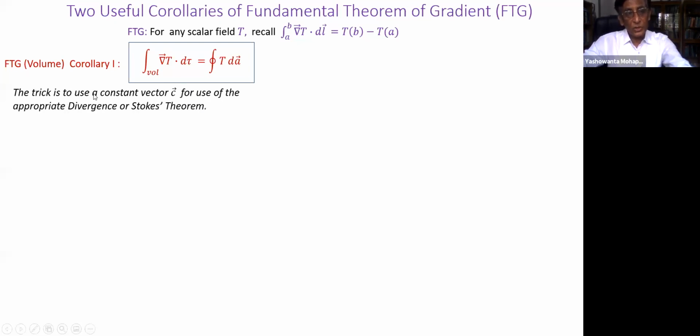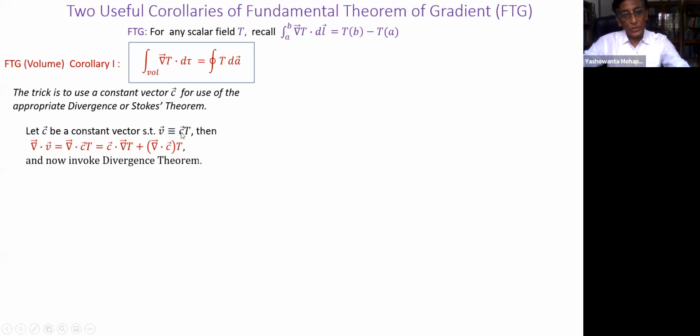The trick in proving many of these things is to use a constant vector C with the appropriate divergence or Stokes theorem. Suppose C is a constant vector, and I define a new vector V equal to CT.